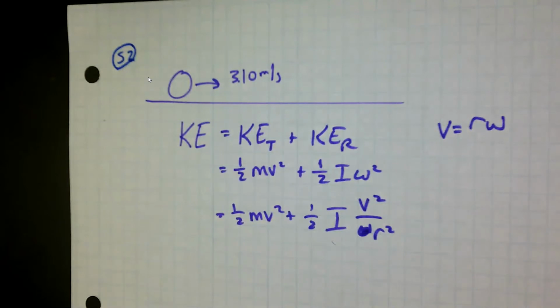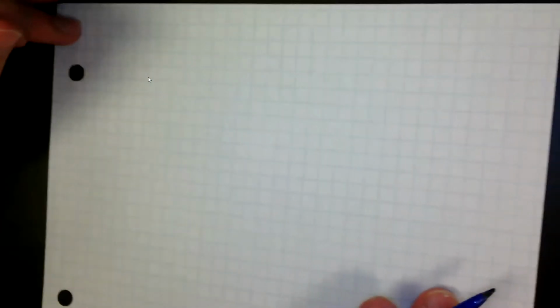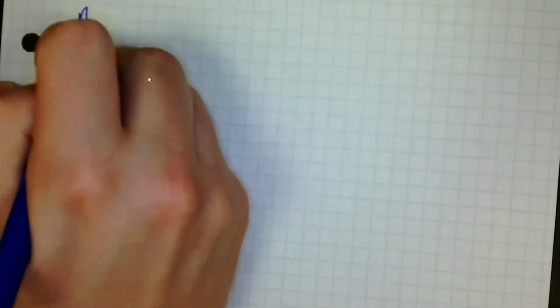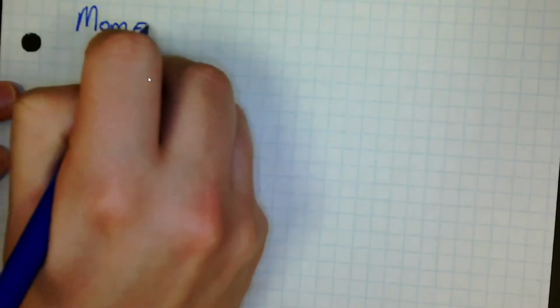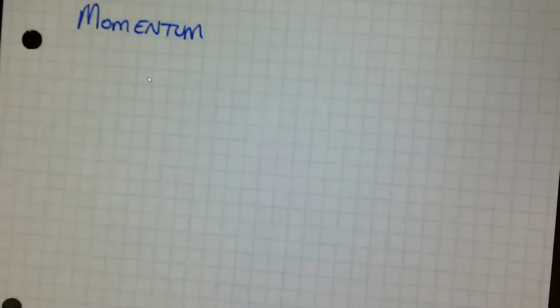All right, so let's go ahead and continue our notes then. Again, this is the last set of notes for rotational motion, and we're going to label this momentum. And just like we've been doing, we'll make our chart.